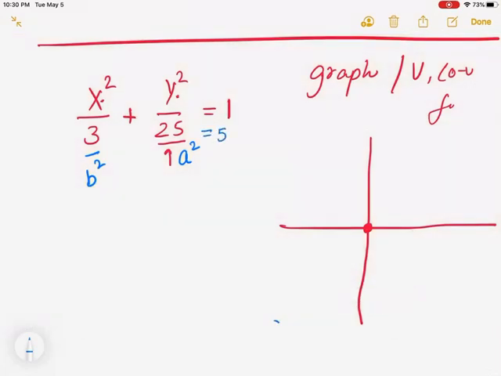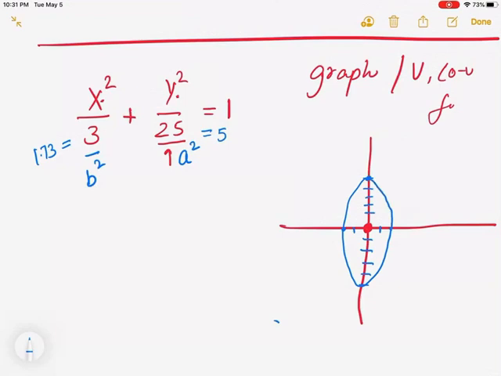So on the y-axis, you go 5 units on both sides. And what about the x-axis? 3 is actually b squared. So what is the b value? Take the square root, it's 1.73. So on the x-axis, you're going by 1.73. Finally, if you connect these points, that's the graph of this ellipse.